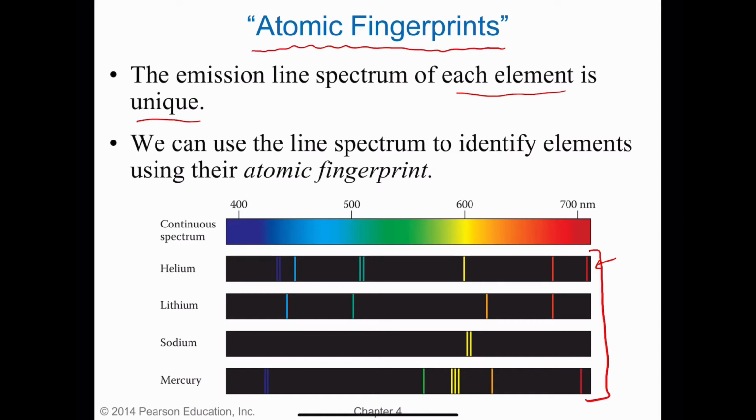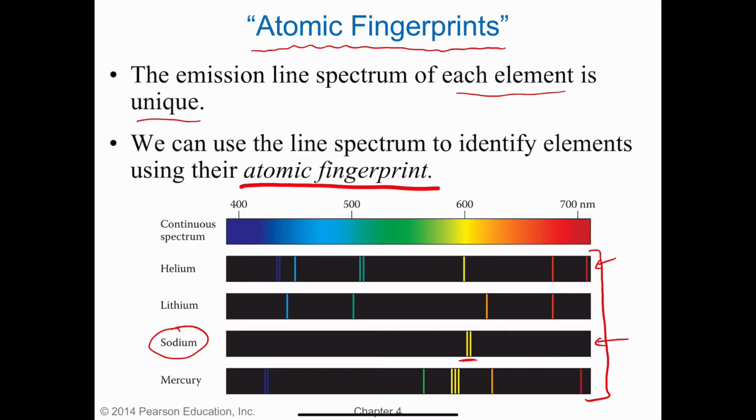If we excite a sample of gas, so if you have sodium as a gas, and sodium, which hopefully is a metal, and metals are usually solid at room temperature, but if you had gaseous sodium atoms and you excited them with electrical energy, and then when those electrons fall back down, you get these 2 lines that happen to be in the visible spectrum. And this, where it's got 2 yellow lines, that's unique to sodium. And again, we call that the atomic fingerprint.